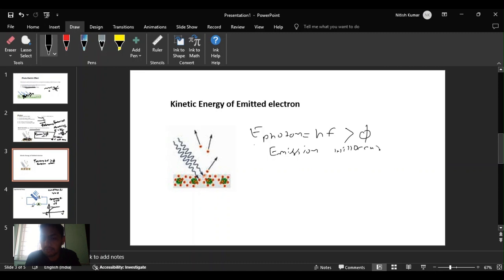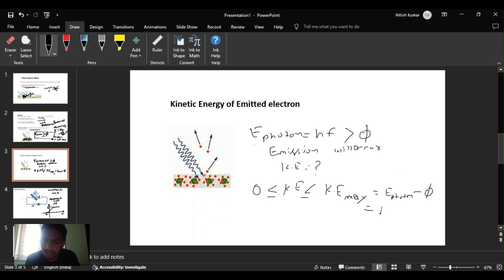But what is the value of the kinetic energy? The kinetic energy of the electron is in a range, up to a maximum, which is the energy of the photon minus phi.